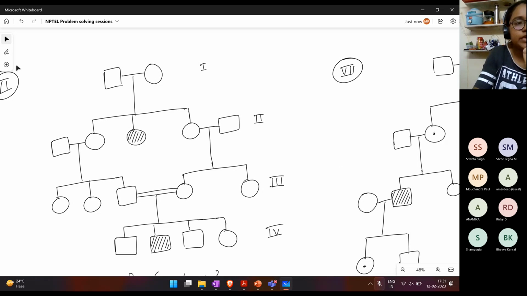Now you're given this pedigree in front of you, and again someone has asked you what is the pattern of inheritance. As I said previously, you should look for whether it has skipped a generation or not, and whether both male and female are getting affected.